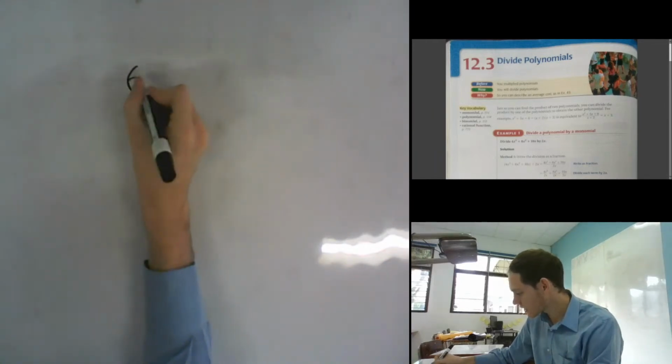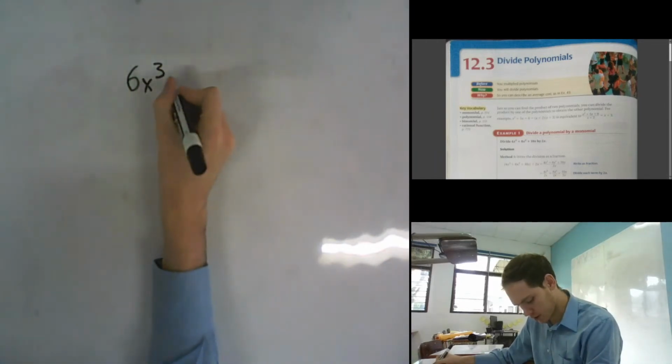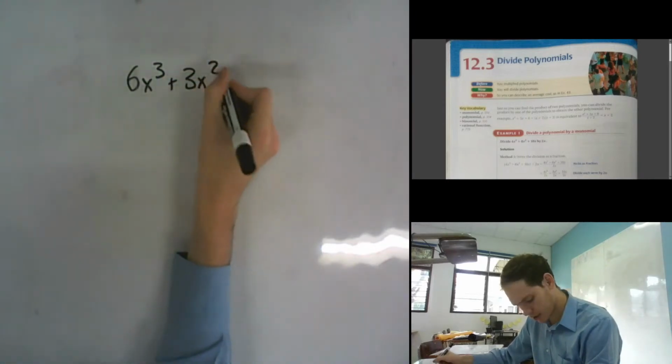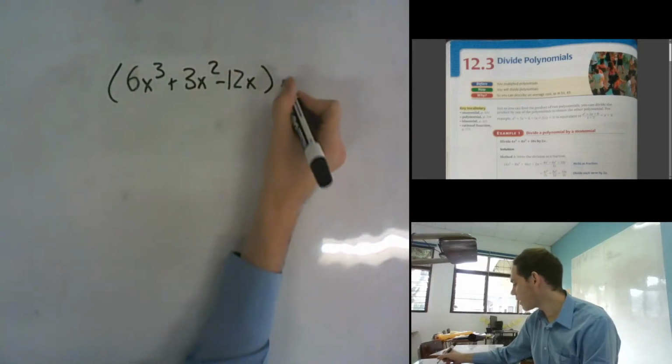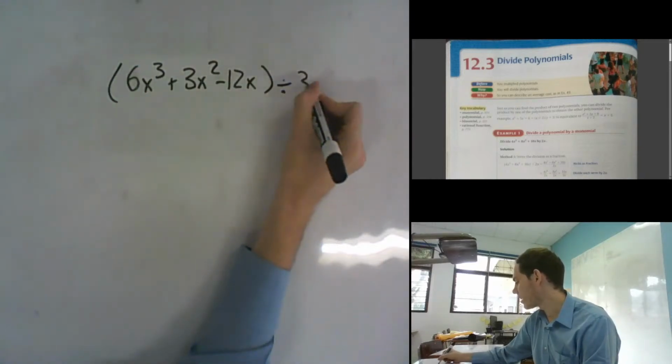Okay, so 6x cubed plus 3x squared minus 12x, and all this divided by 3x.